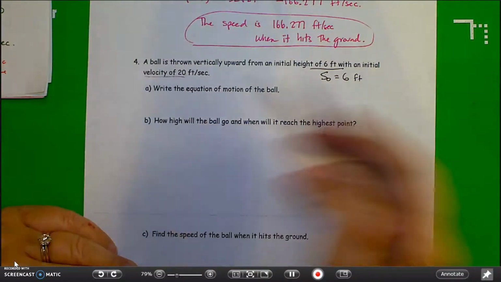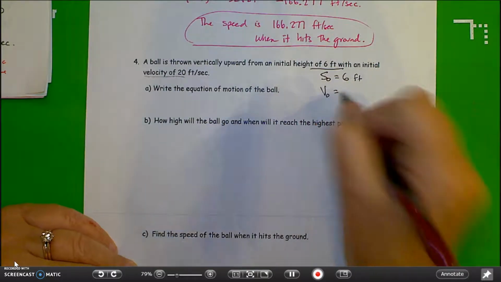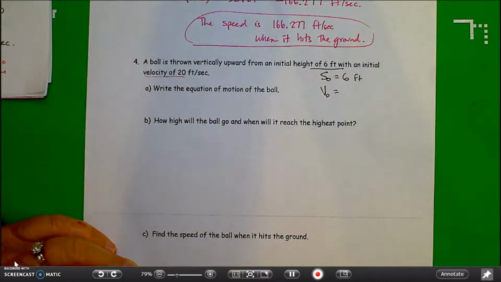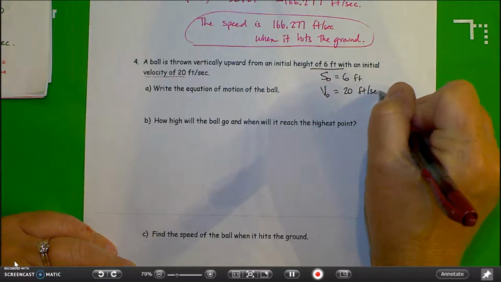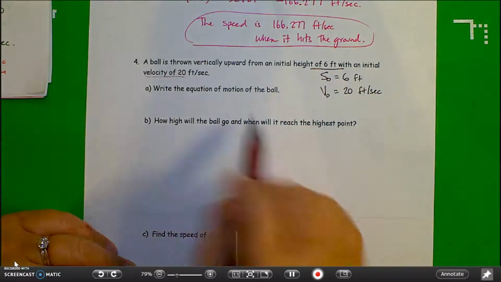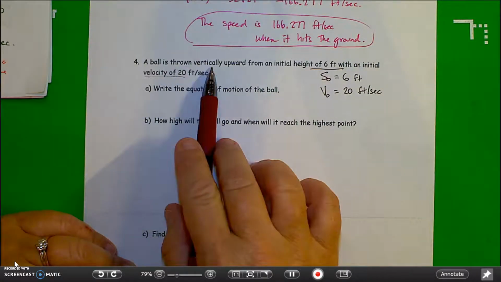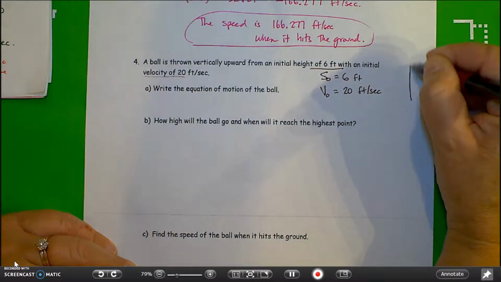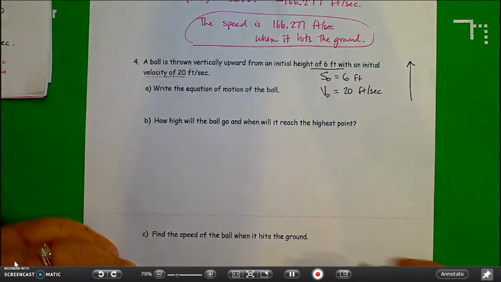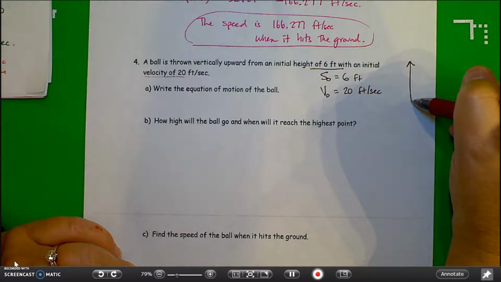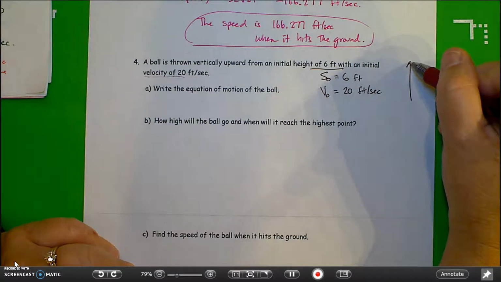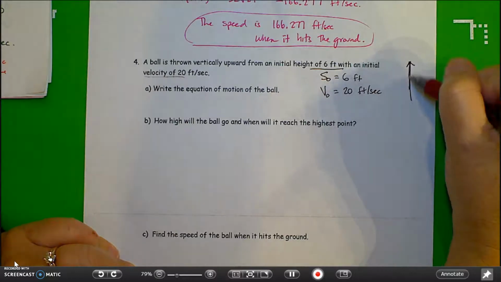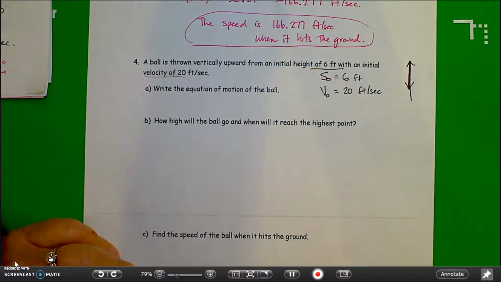Initial velocity of 20 feet per second, that's initial velocity, v sub 0, and it's going to be positive because initially we throw it vertically upward. So it's actually going to go straight upward. And if you think about it, it goes upward for a certain distance, and then it turns right around and starts coming back down vertically along the same path.